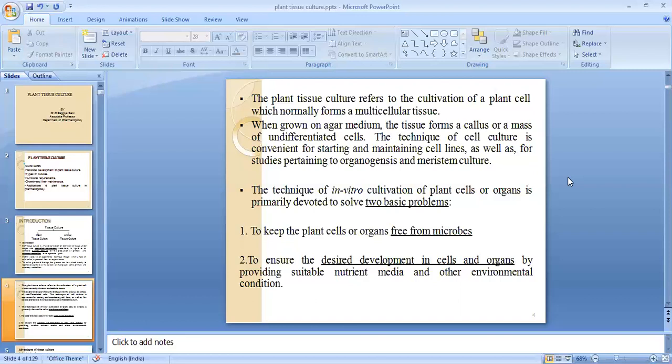Providing these conditions is a little difficult, but by following stringent rules and procedures, you can definitely provide a suitable nutrient media as well as the other environmental conditions. So these are the two main problems plant tissue culture faces: one major problem is the attack from microbes, and the other is providing the selected media and also the exact environmental conditions required for its growth.